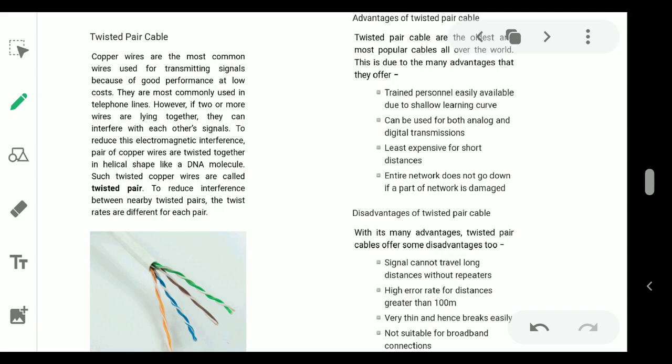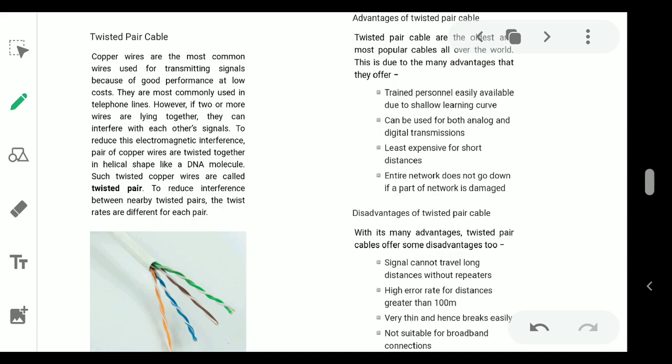Twisted pairs are the oldest and most popular cables over the world. Trained personnel are easily available due to the shallow learning curve. Okay, can be used for both analog and digital transmission. Okay, least expensive, and the entire network does not go down if a part of the network is damaged. So these are the advantages for us.